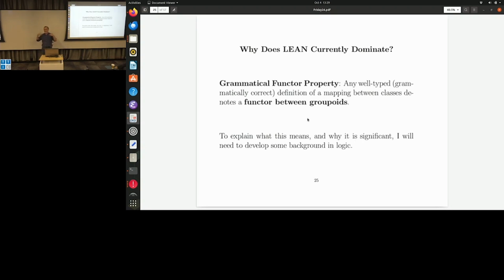The claim is that dependent type theory makes this fact, that anything you can define that's grammatically correct has this functor property. And my bugaboo is, does that require constructive mathematics? Because the only system we have that has that property right now is this constructive type theory. So I've got a whole talk about how you don't need to do that.